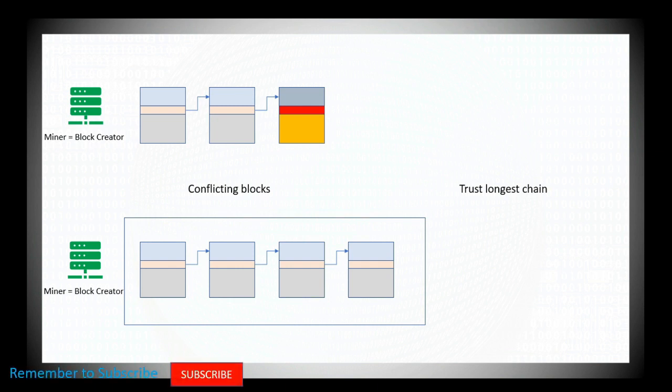And this is to ensure that untrustworthy peers who want to modify past blocks have to work even harder than honest peers who only really are interested in adding new blocks to the blockchain. So now I'm going to show you how this works, and you are going to see why SHA-256 is so relevant.